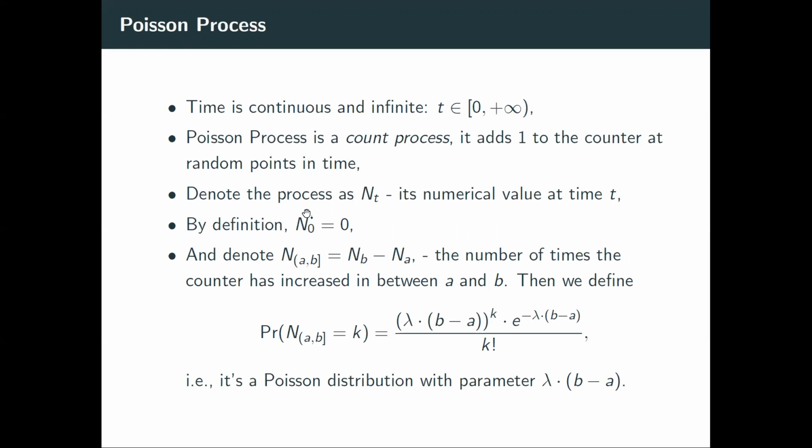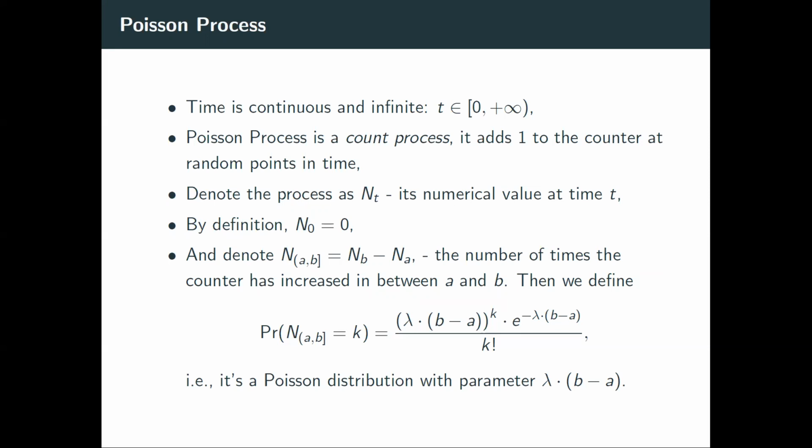Again, let us assume that we're in continuous time with infinite horizon, and the Poisson process is a kind of count process. The time starts from 0, and then it goes on, and at some stochastic moment, some event occurs, and this event adds 1 to the counter.